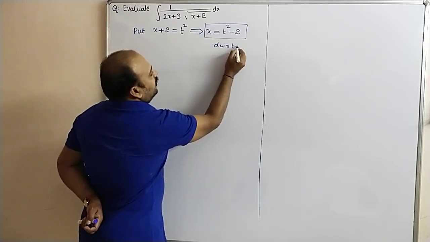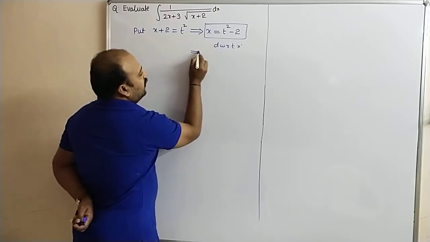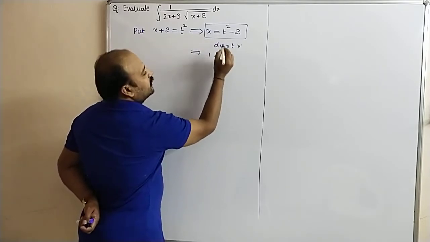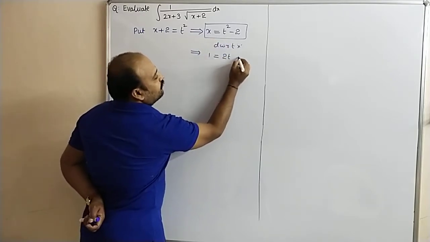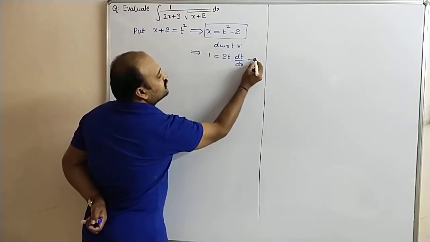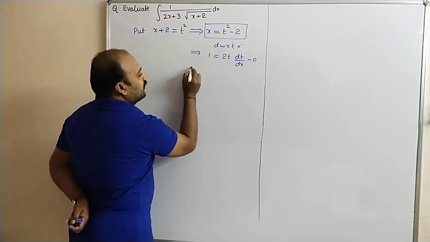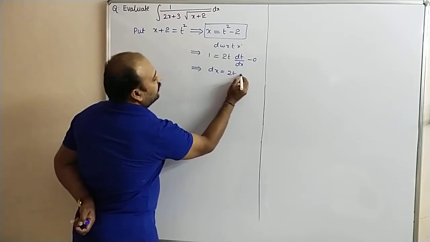The derivative of x is 1, which is equal to the derivative of t square, 2t, times dt by dx, and the derivative of constant 2 is 0. Now cross multiplying, dx is equal to 2t dt.